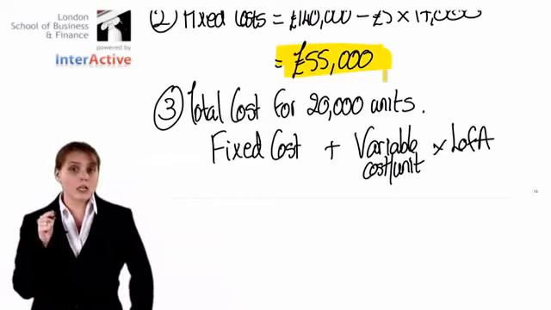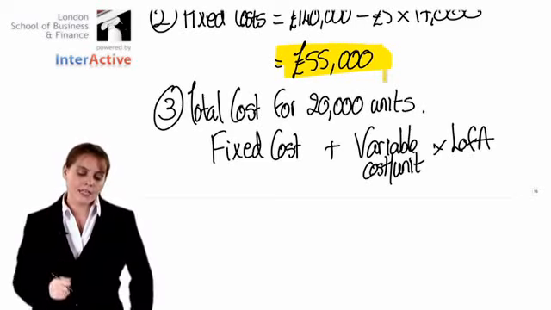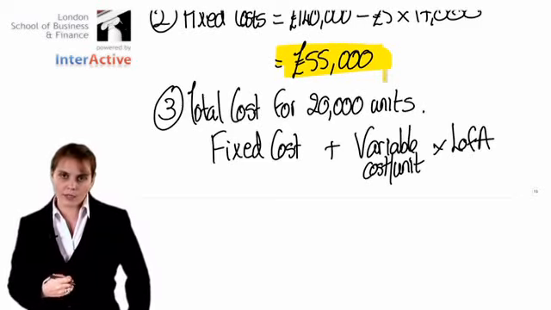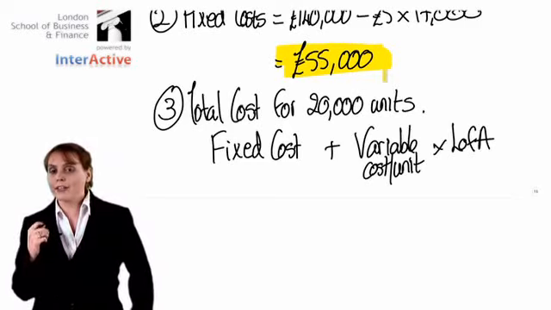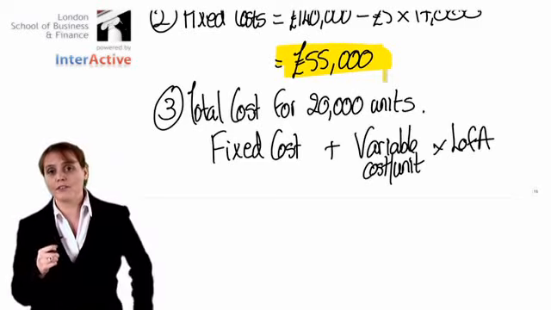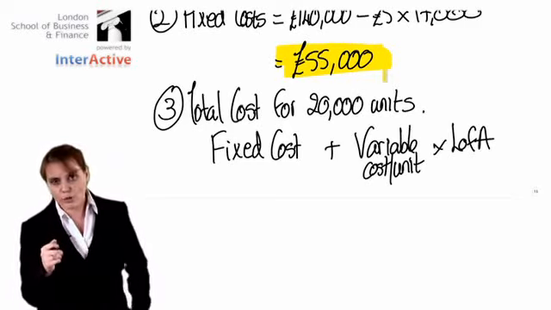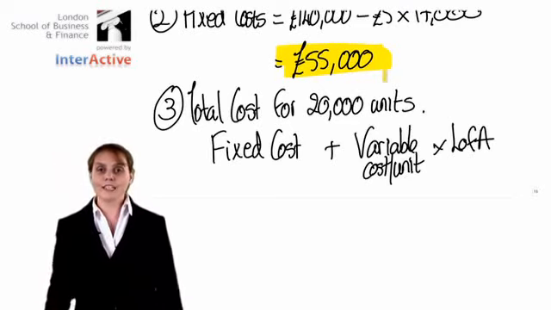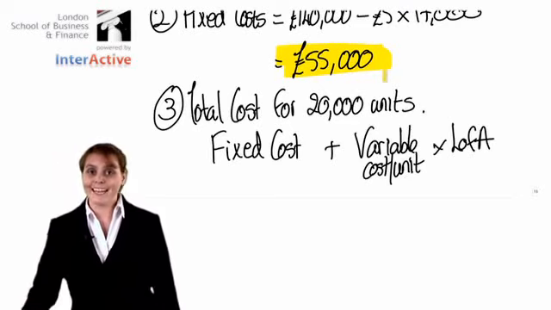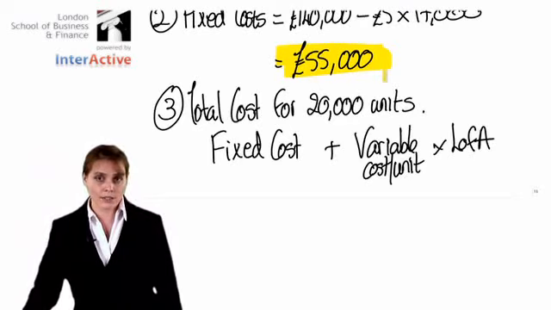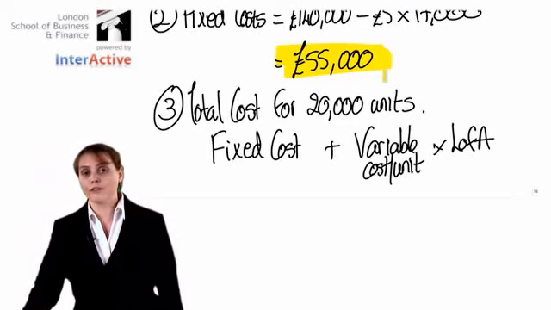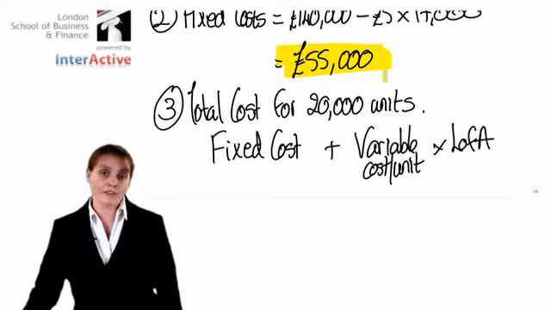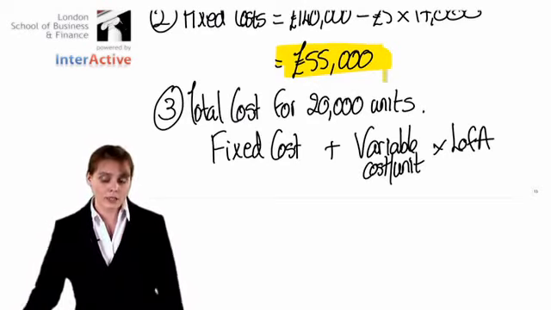We used our low level of activity to calculate the fixed costs. Remember, in the question we were told that fixed costs increase when our level of activity goes above 18,000 units. Above that level, our fixed costs increase by £5,000.